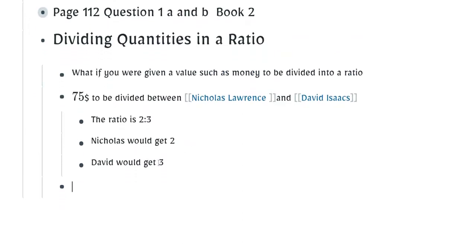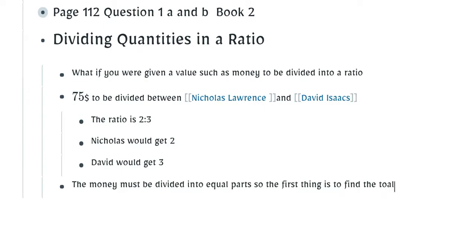Right? So the money must be divided into equal parts. So the first thing that we need to do is to find the total amount of quantity to be divided, which is the ratio. So the first thing is to find the total ratio.